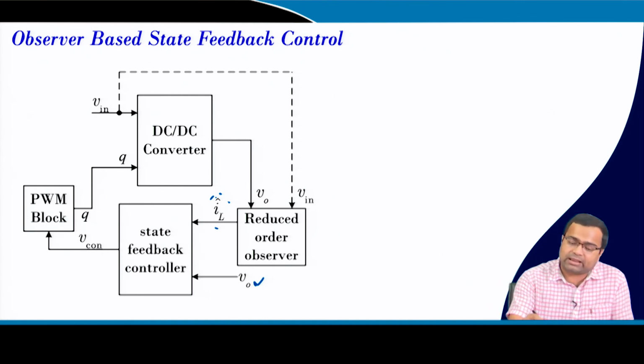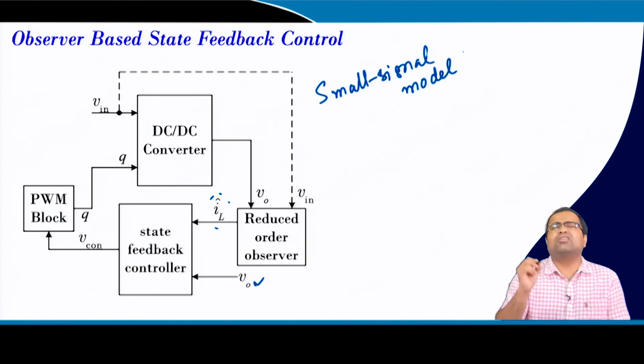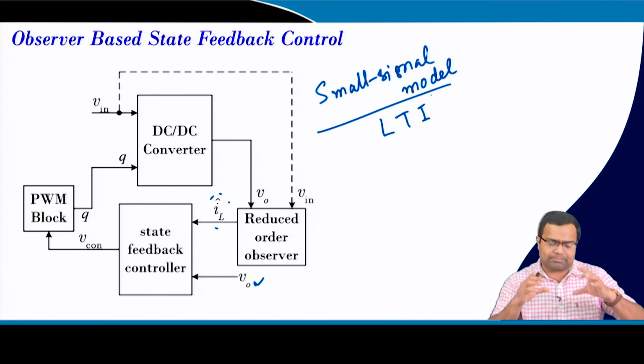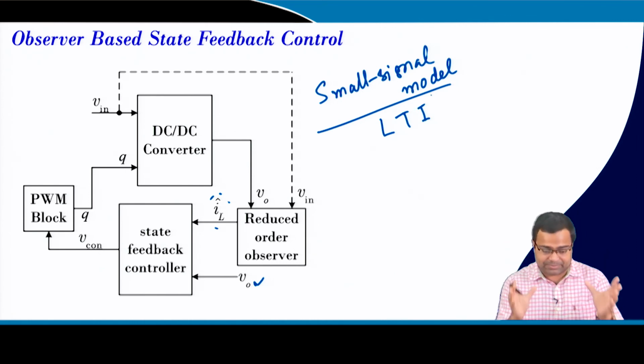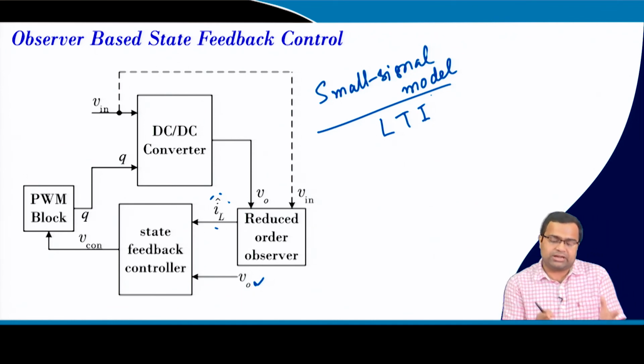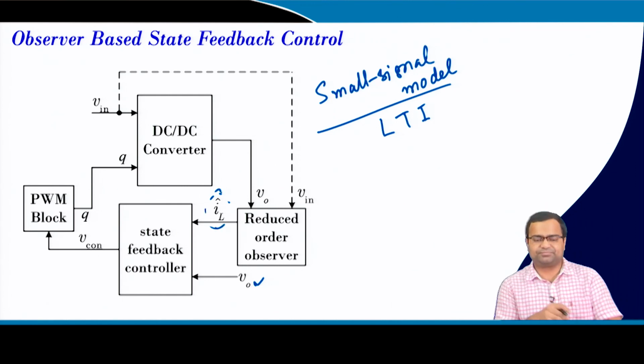One way is to use a small signal model. Then the whole converter model can be realized in a linear time invariant perturbation dynamics form, and we can use traditional reduced order observer theory to estimate the inductor current information.